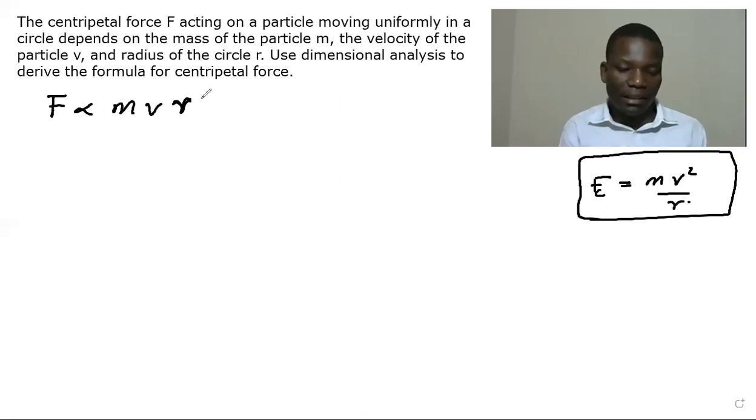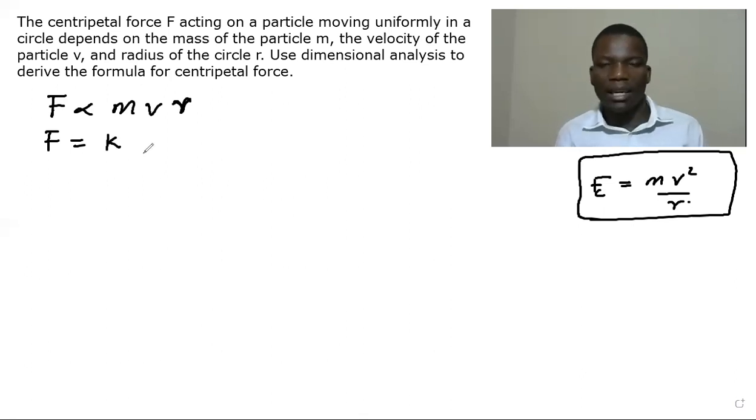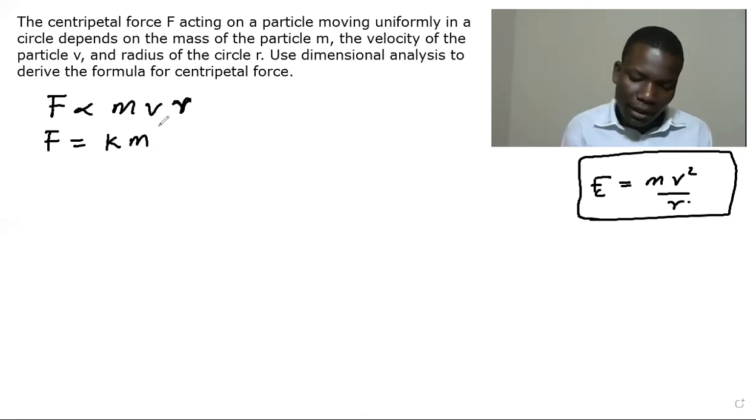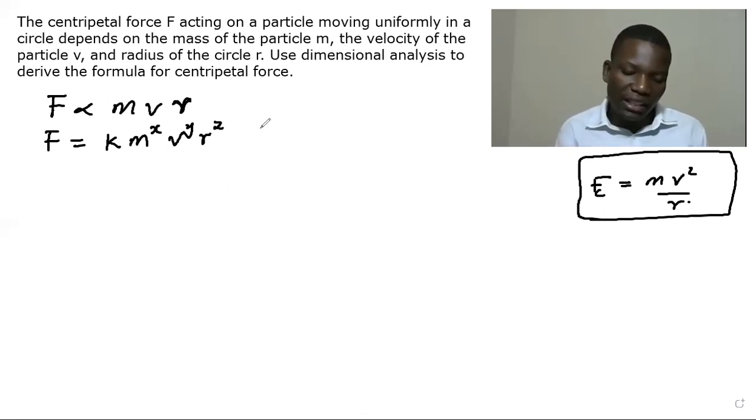So we are going to have force being equal to K, and this K is a dimensionless constant, times M^x, V^y, and R^z. You can use any variables, even A, B, or C. Then we're going to work on finding the values of X, Y, and Z. So how do we do that?